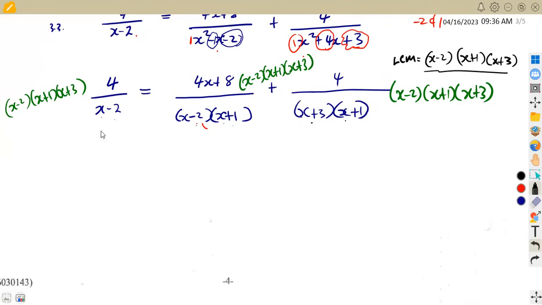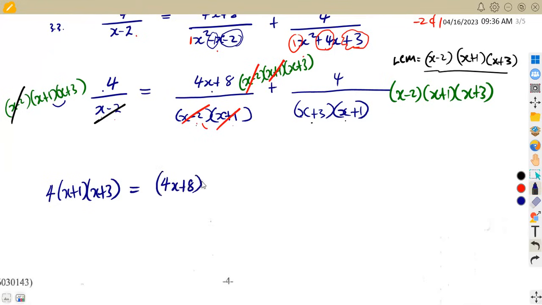This will help us so that here we can cancel x minus 2 and x minus 2. We remain with these two brackets and 4. So it is going to be 4 into x plus 1 into x plus 3, which is equal to, we do the same here, x minus 2 and x plus 1 cancel, meaning we remain with 4x plus 8 into the bracket of x plus 3.